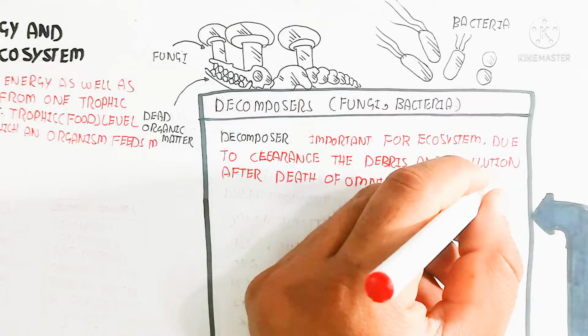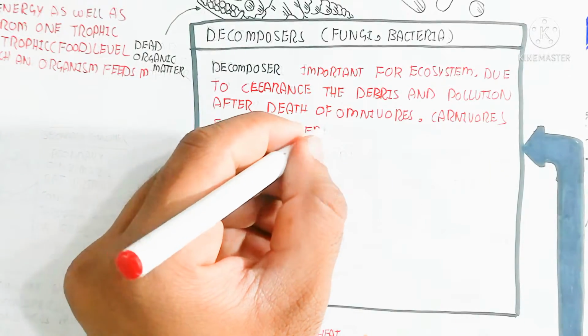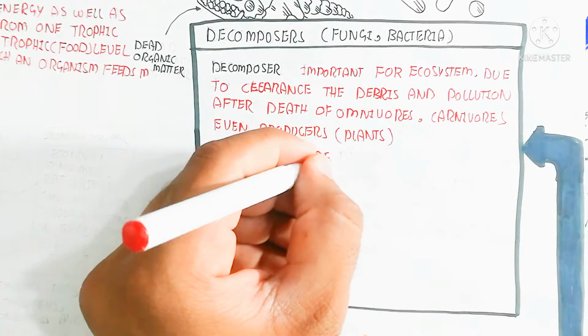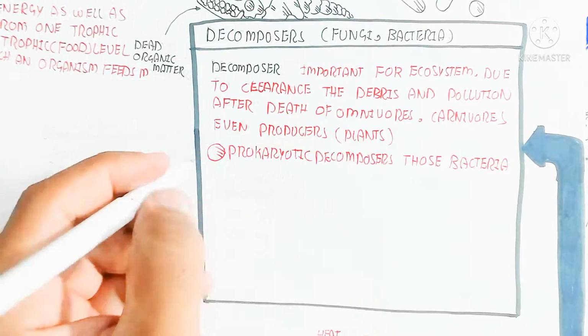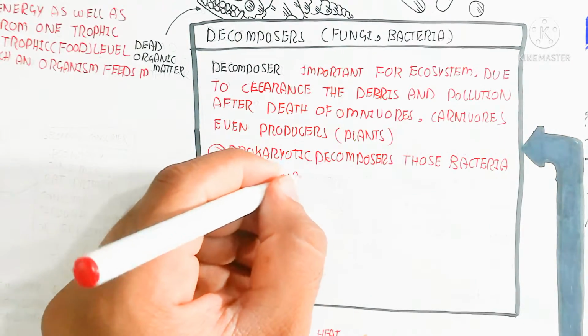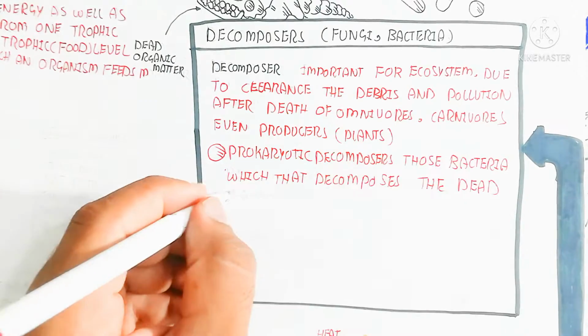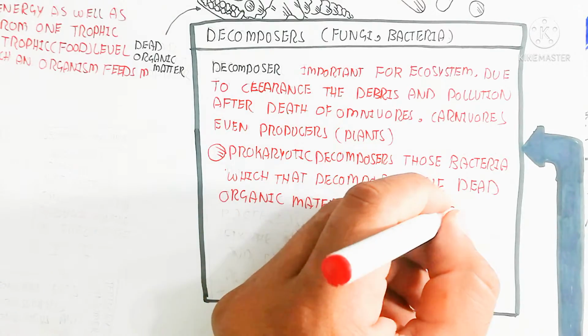Carnivores even produce plant and prokaryotic decomposers, those bacteria which decompose the dead organic material, and nitrogen fixing bacteria in the plant root nodules fix atmospheric nitrogen into organic matter for assimilation into plant protein.